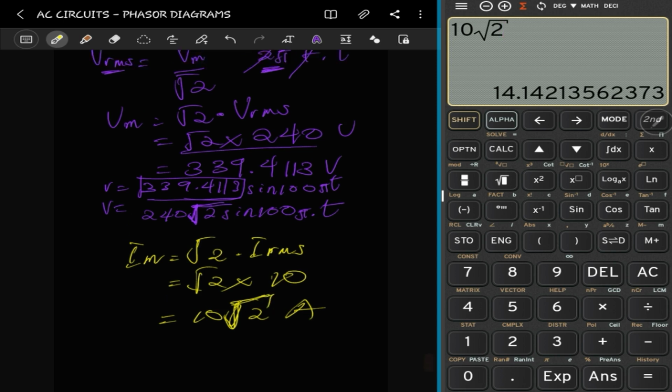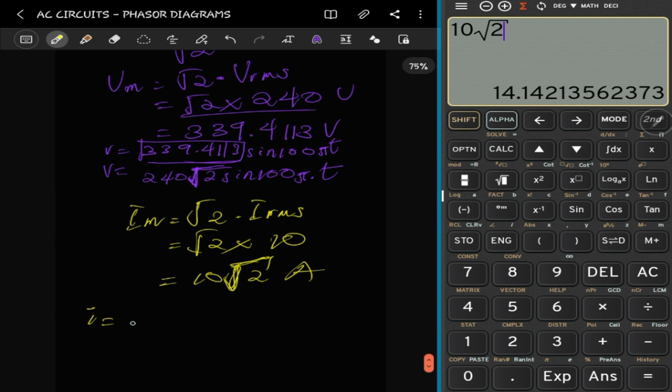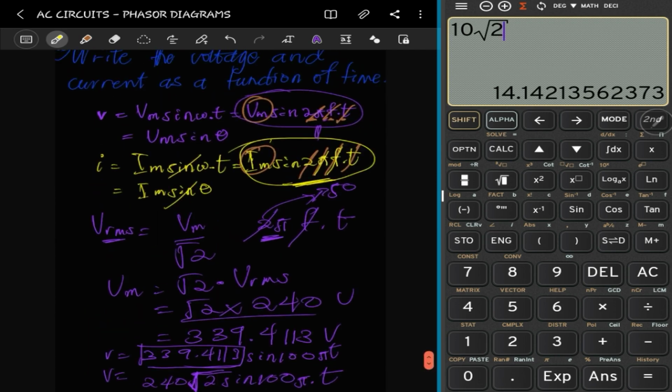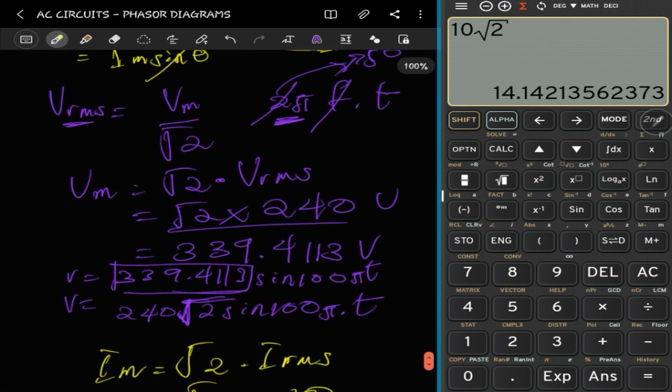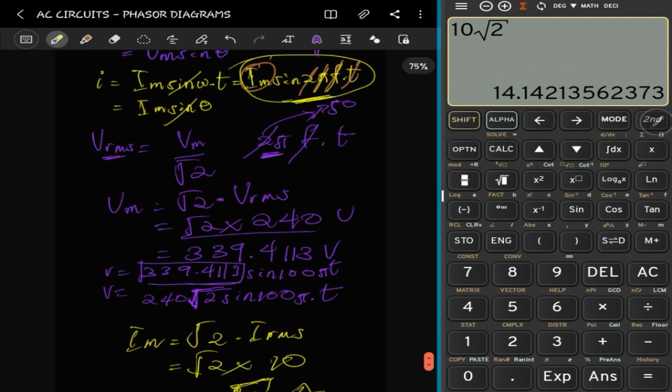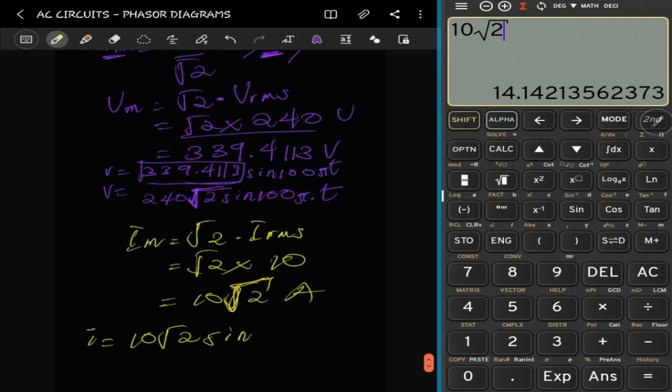So now that we have this, we go on and write the AC current as a function of time. We have the peak, which is 10 root 2. What do we have next? Sine, right? And then 2 pi ft, and f is 50.